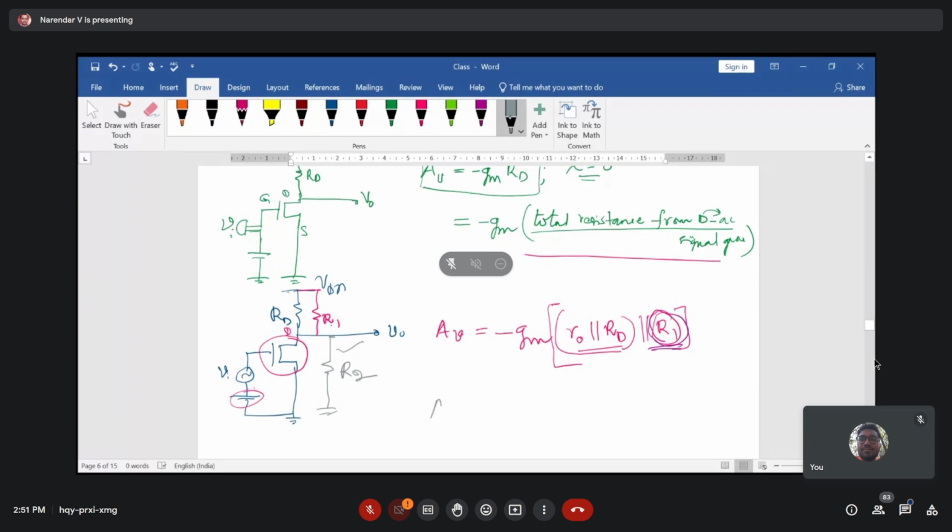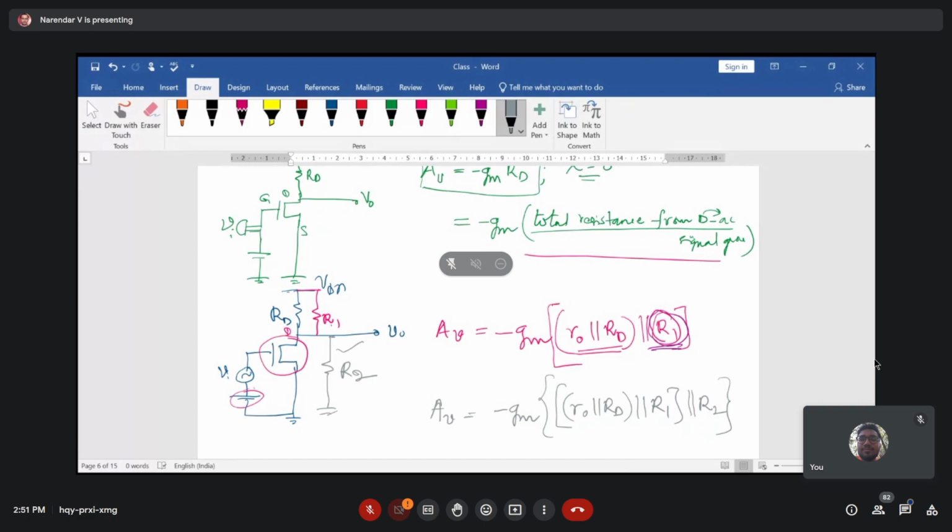Then the gain of the amplifier can be written as AV equals minus GM times R naught parallel with RD, which is common, and then the R1 resistor is added here. Along with that, in parallel, there is one more resistor, R2. This is the total gain of the amplifier that you can notice.